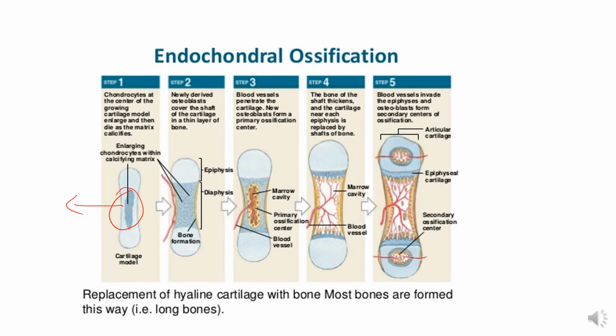Later, the blood supply develops, and the bone tissue replaces cartilage as osteoblasts secrete osteoid components in the shaft. So here you can see the initial primary center of ossification.